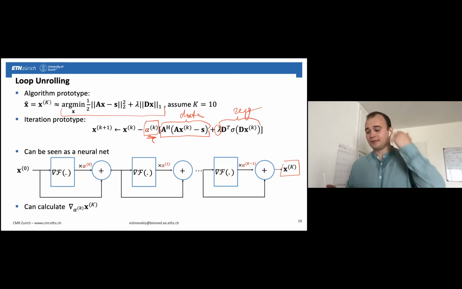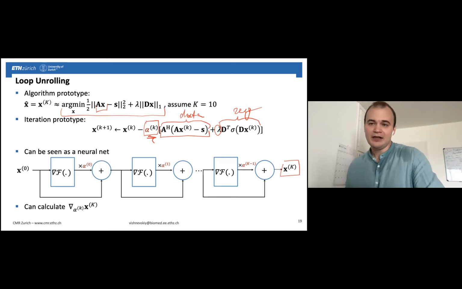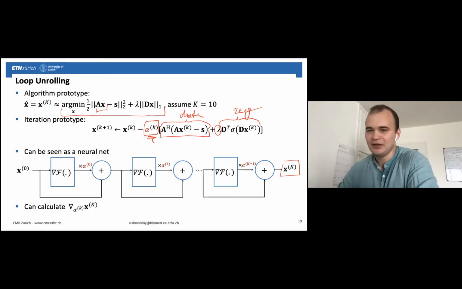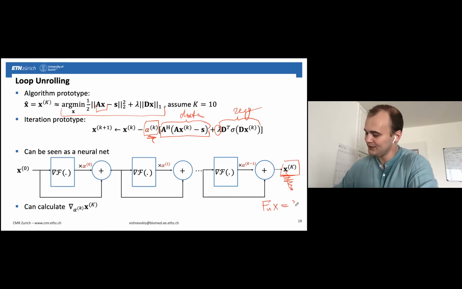But you can also imagine that you can make the neural network follow the acquisition model AX strictly. For example, in case of undersampled MRI acquisition, you have an underdetermined system of linear equations. Then after the neural network, you can actually project this estimate, the reconstruction, to an image that fulfills, let's call it, F undersampled X equals S, right?